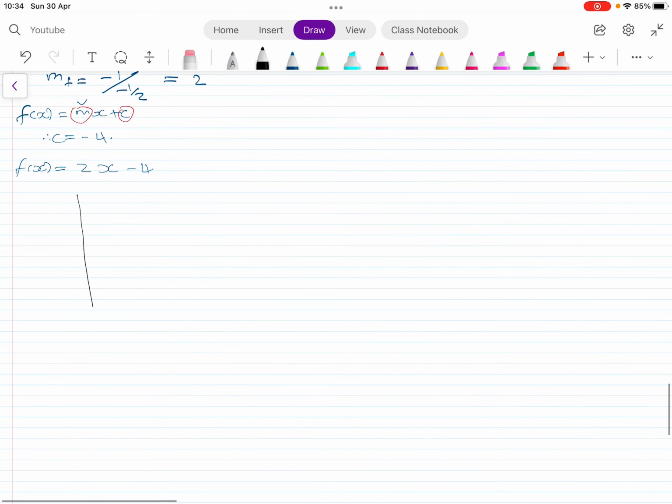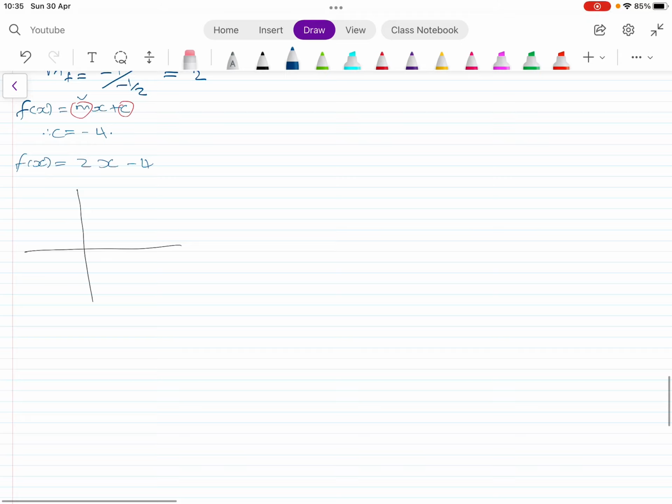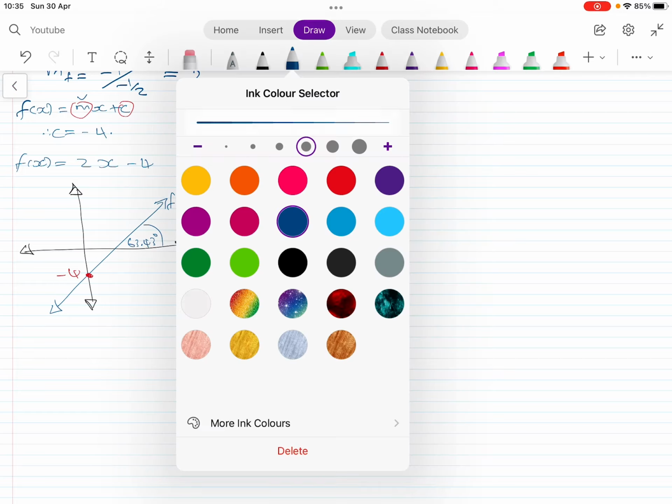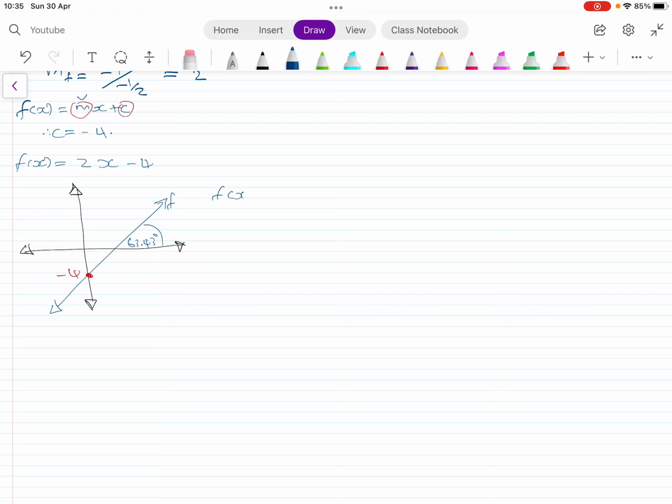Suppose you have a situation like this, and then you have f here, and it's at an angle of 63.43 degrees from the x-axis, and it still passes through -4, and all you are trying to do is to find the equation of f. So the standard equation is this: f of x equals mx plus c. I always advise you to write the standard equation so that you know what you're looking for.